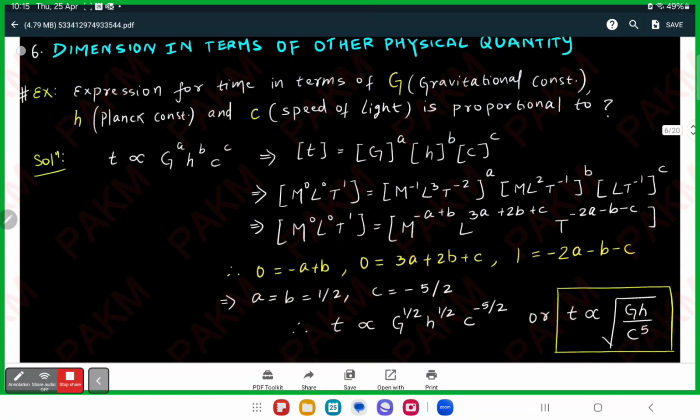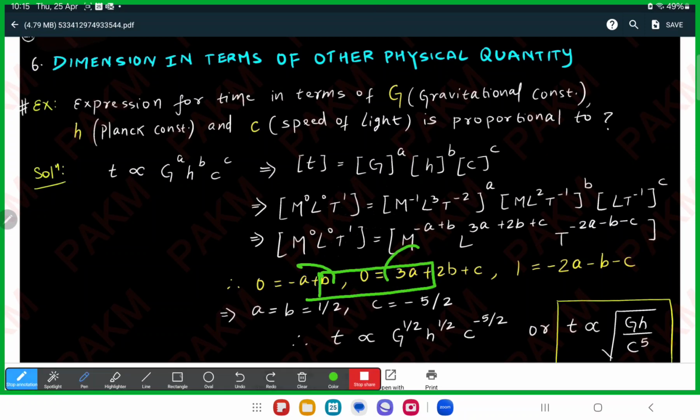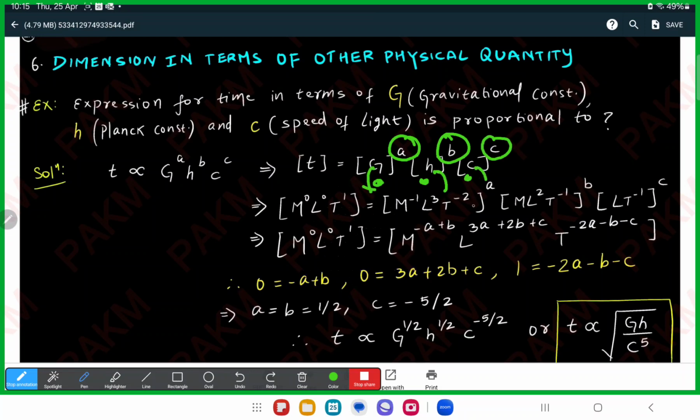Fine. Now here dimension in terms of other physical quantity. Dimension in terms of other physical quantity means, let's say we have three different physical quantities where exponents we have considered a, b, c. Now what I am supposed to do is keep the value of every term in dimensional form.